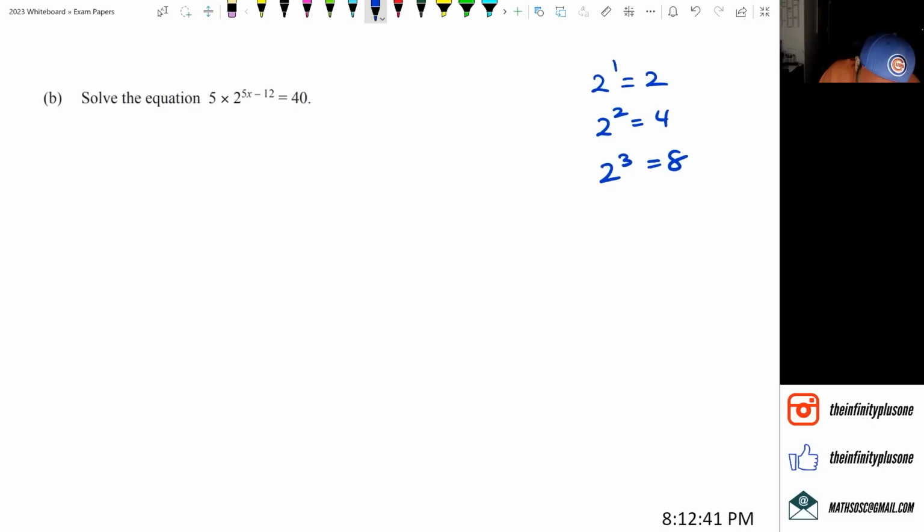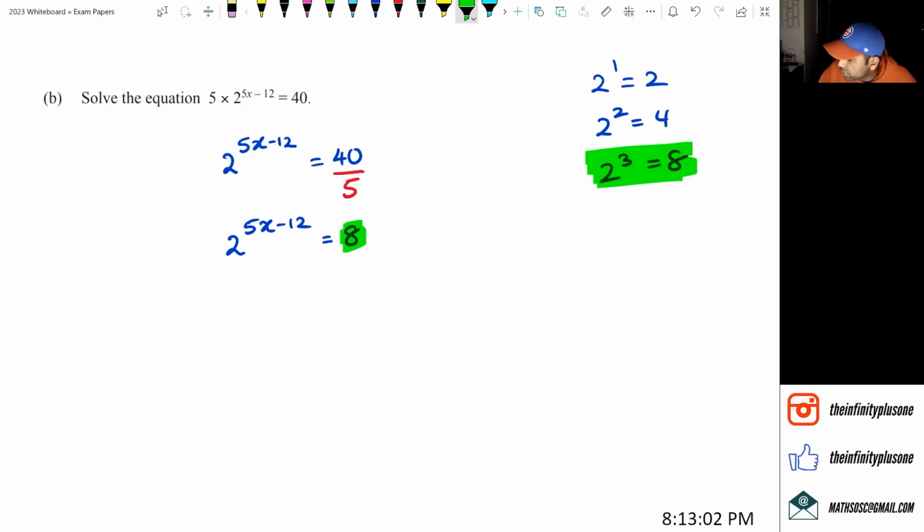So we're going to rearrange this to 2 to the power of 5x minus 12 is equal to 40 divided by 5. When we do that, we get 2 to the power of 5x minus 12 equals 8, because 40 divided by 5 is 8.